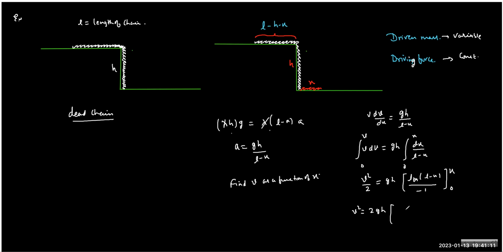If you put x, you'll get x. If you put 0, you'll get ln L, right? Do you realize this? So this is basically ln L by L minus x.